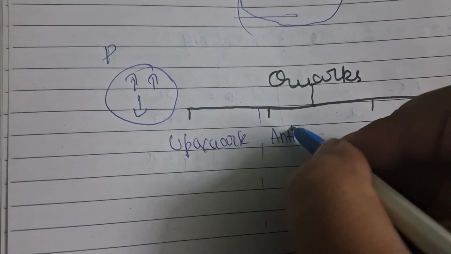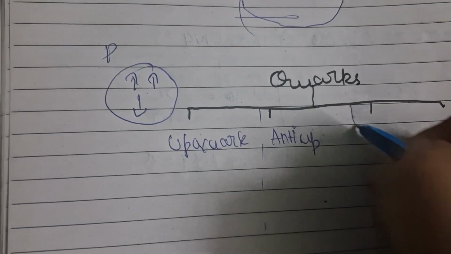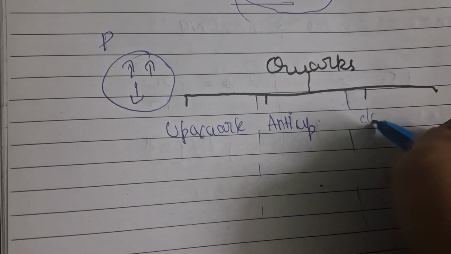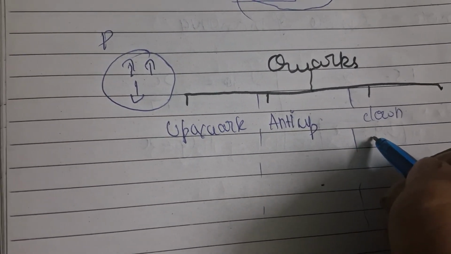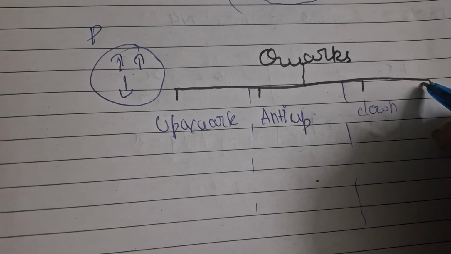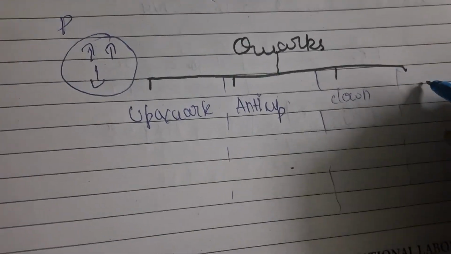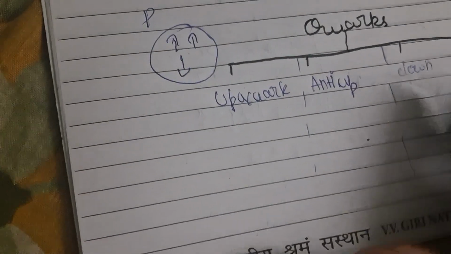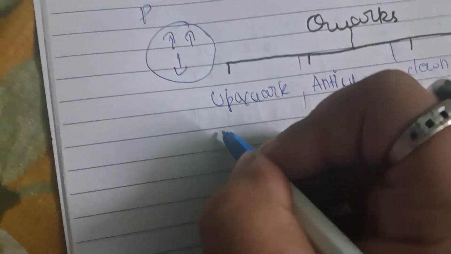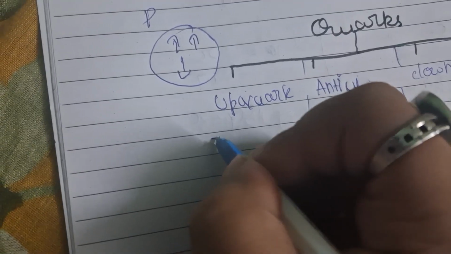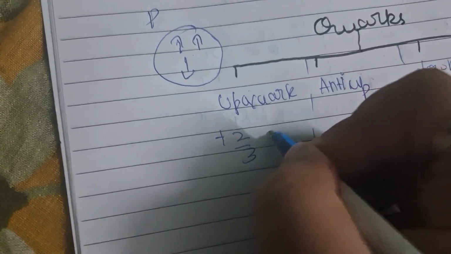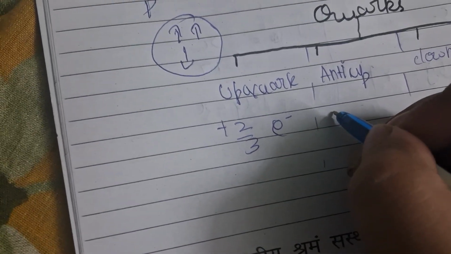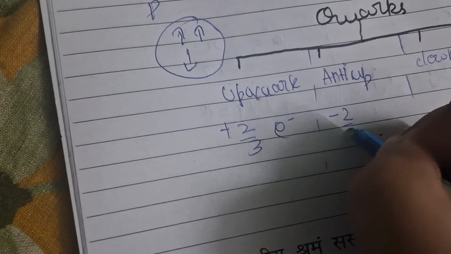Third is the down quark. And fourth is the anti-down quark. Now, these have specific values. Up quark is equal to plus 2 by 3 charge on electron. Anti-up is equal to minus 2 by 3 charge on electron.